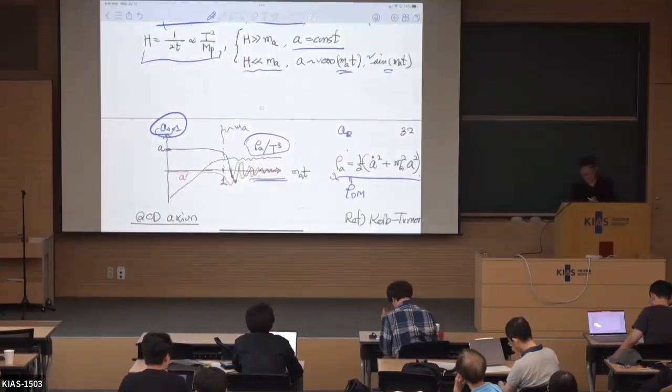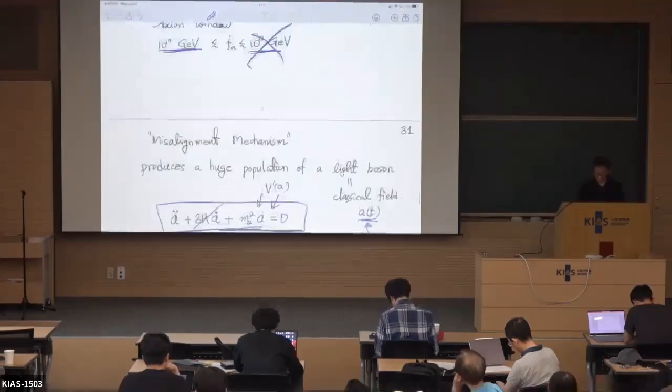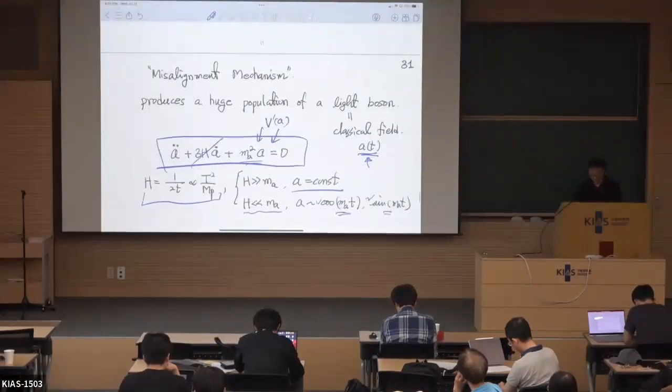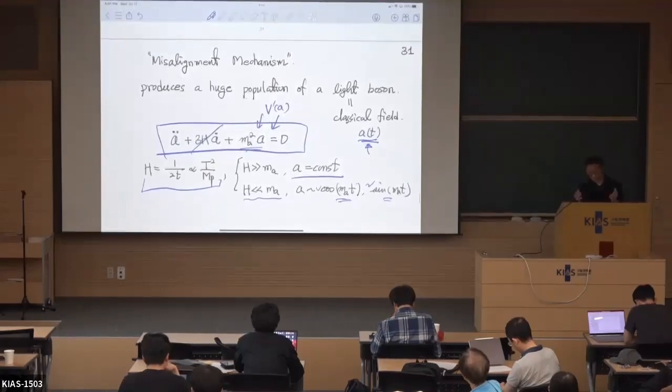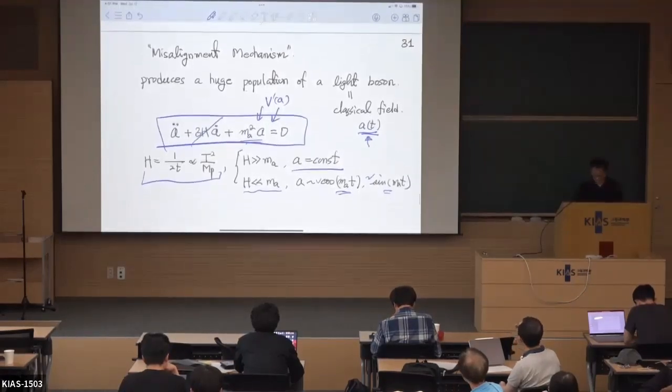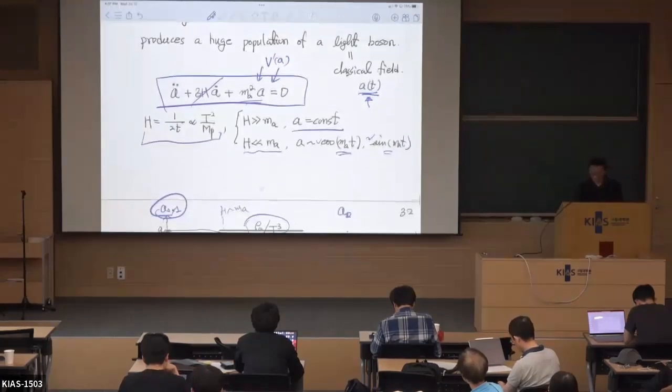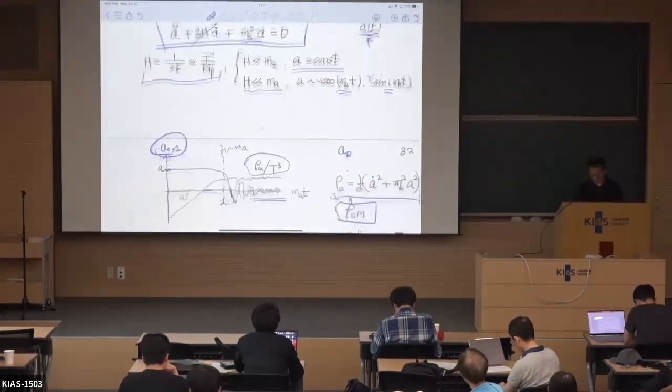Any ultralight scalar field can produce the right dark matter density through this kind of misalignment mechanism. Probably this is not the only mechanism, but anyway, it is the simplest and most plausible mechanism to produce a huge population of ultralight boson dark matter.